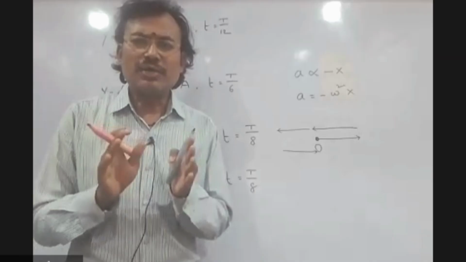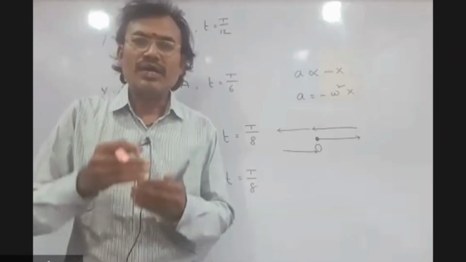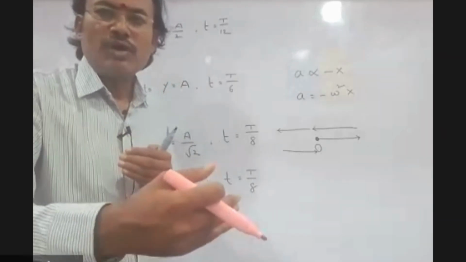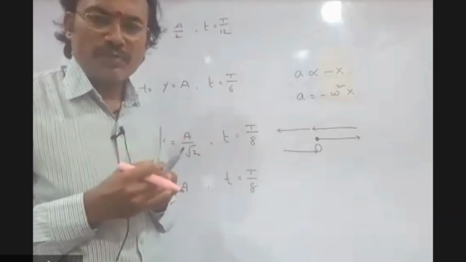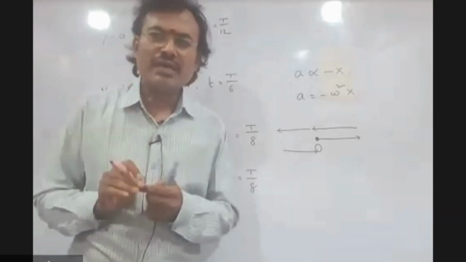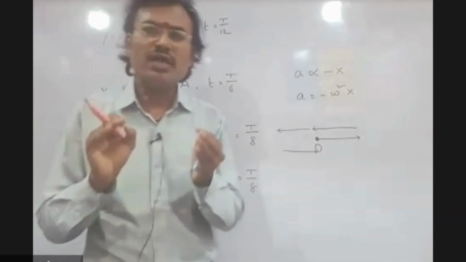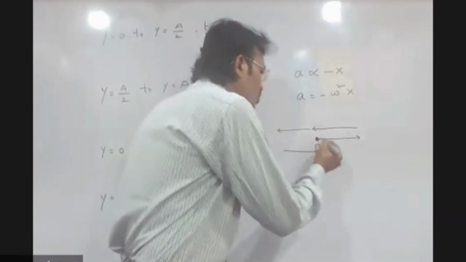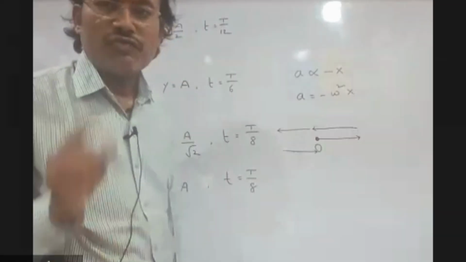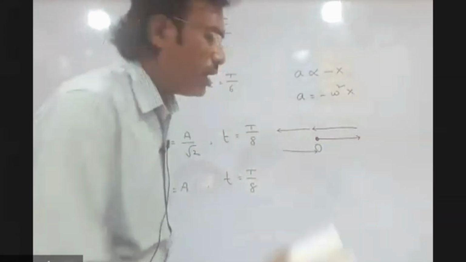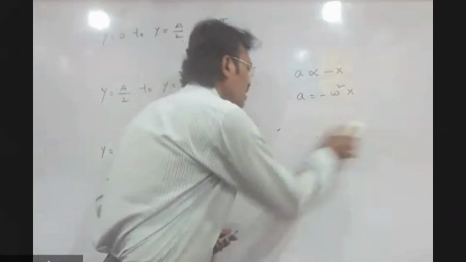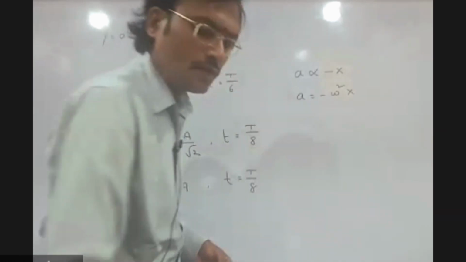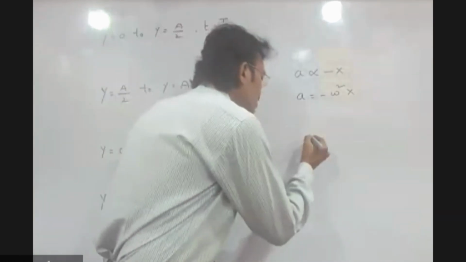So this is one of the important terminologies. Once again I'm repeating, very important. If a particle is in motion from mean position to extreme position, from where to where, ma? Mean position to extreme position. Listen, this is the mean position.